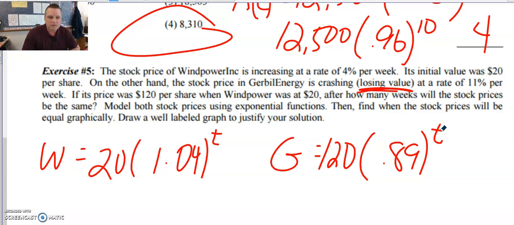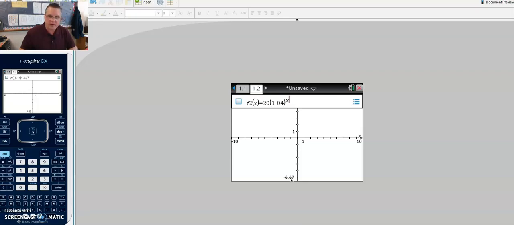We want to draw a well-labeled graph to justify your solution. So we're going to go to the graph page. I plugged in the first one, 20 times 1.04 raised to the x power, and entered it. Now I'm going to tab and put the other one in, which was 120 times 0.89, also raised to the x power.